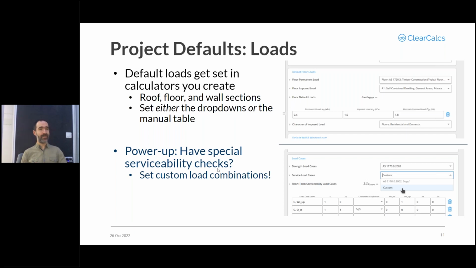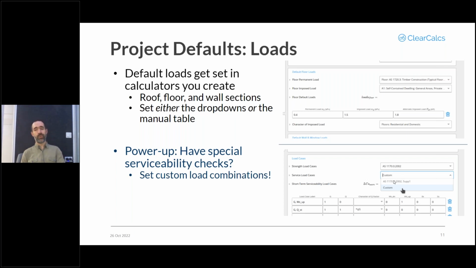A particular note I'd make is I know some people prefer to use different serviceability load combinations. If you have special combinations that you want to check, if you want to check applying a 1 kilonewton load in the center of your beams, you could set a different serviceability load combination here and be able to enter that in whatever load type you'd like, whatever combinations you'd like, and this will be set in every calculator that you make use of.